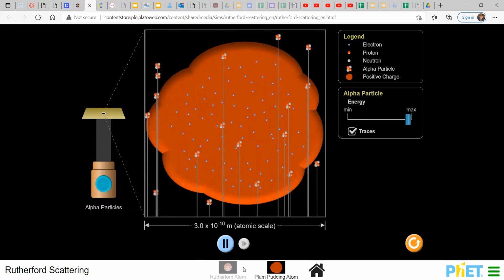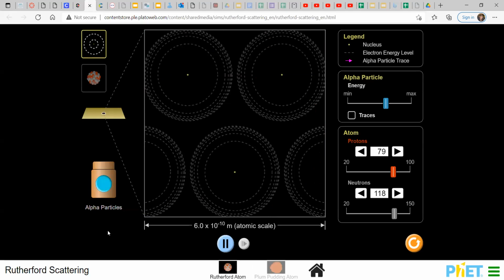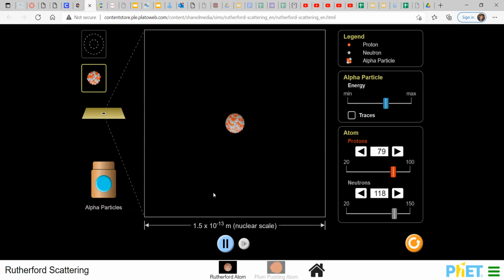So we're going to go to the Rutherford atom. You see each one of these is a nucleus surrounded by the electron energy level. So this is all one, this is another, this is another, this is another. But we click on this gray and red cluster. So this is just one nucleus that we're paying attention to.